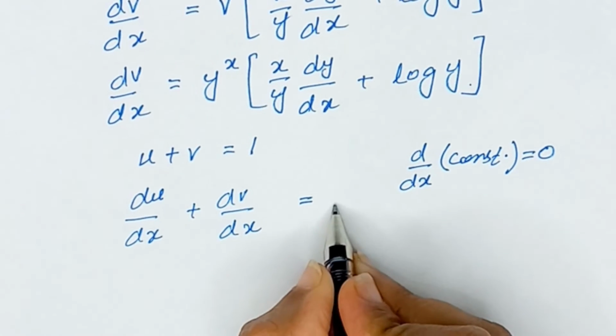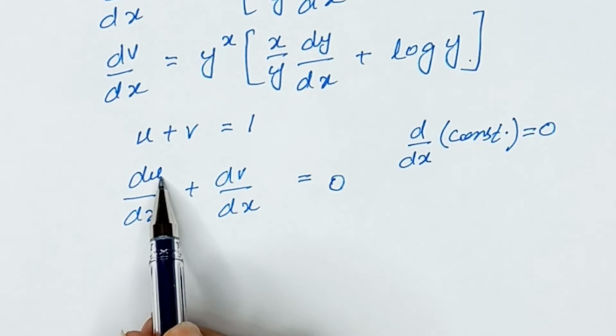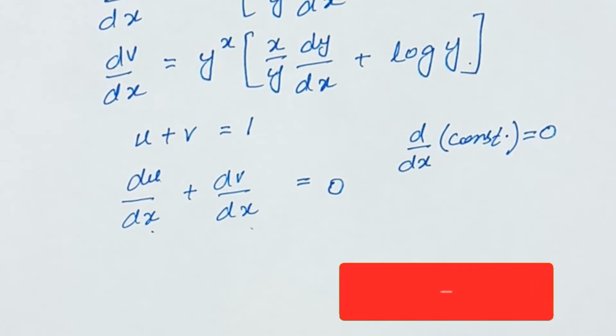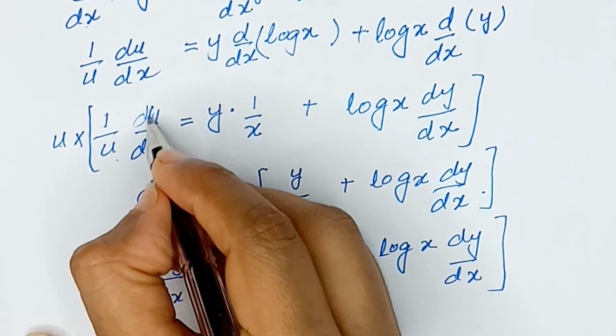Now we will substitute the values of du divided by dx plus dv divided by dx.